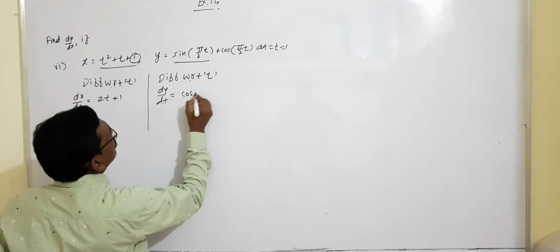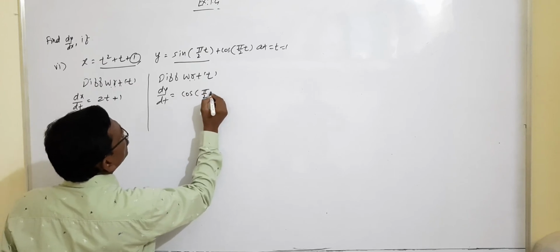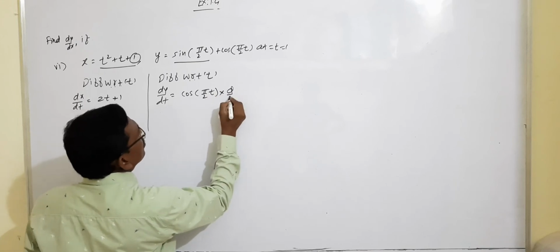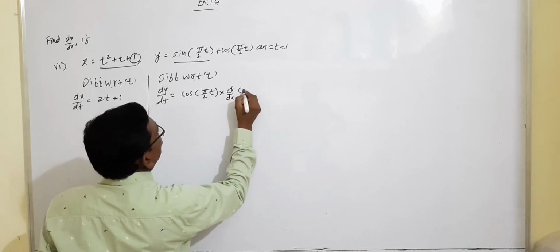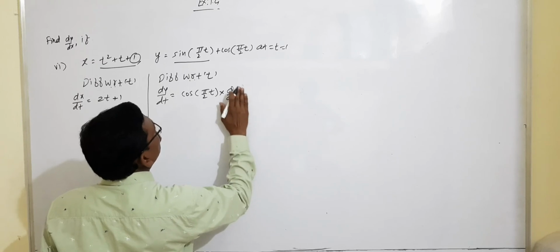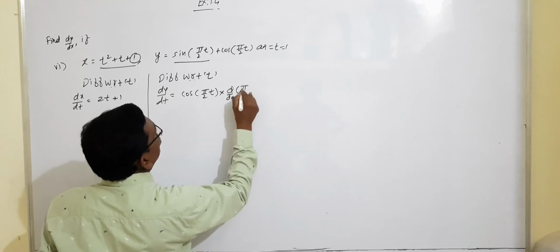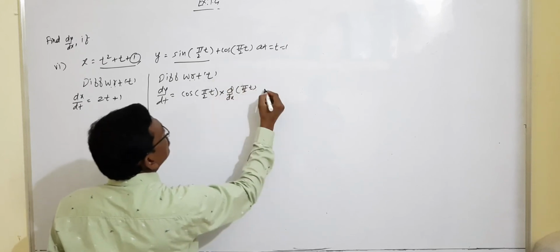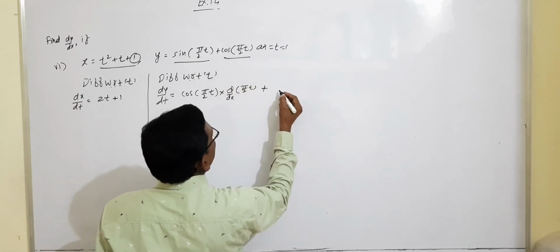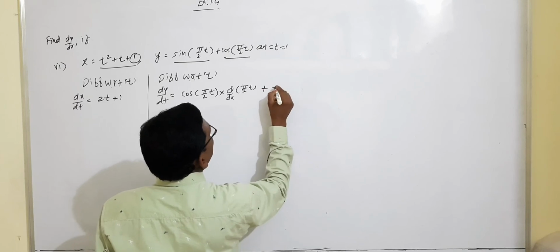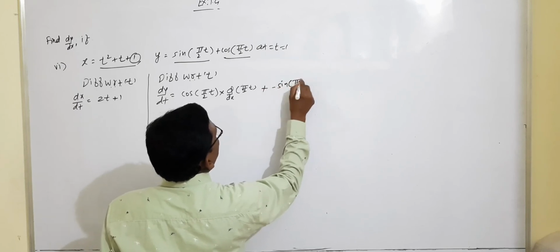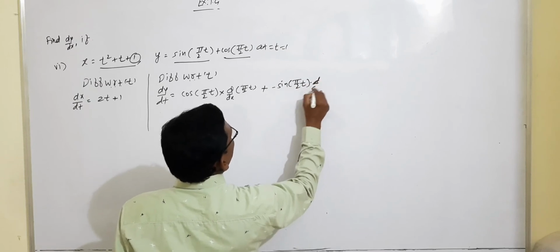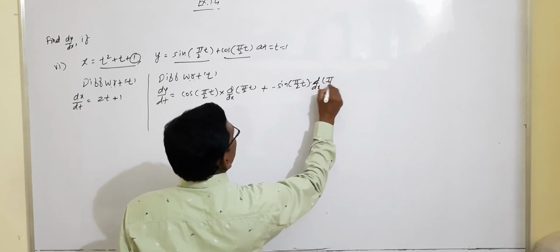It is cos of pi by 2 into t, and by chain rule the derivative of pi by 2 into t, then plus the derivative of cos pi by 2 t, which is minus sine pi by 2 into t into the derivative of pi by 2 into t.